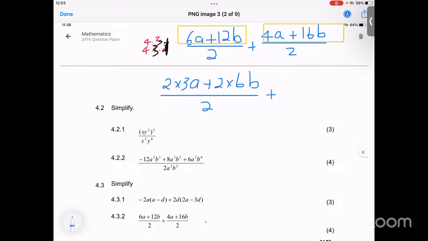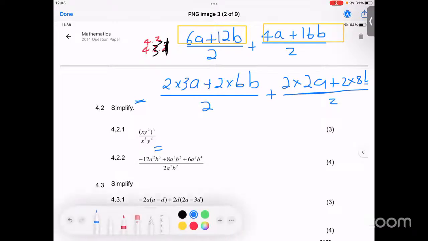And then on this side, you can still say I'm having 2 times 2a plus 2 times 8b, the whole of that being divided by 2. Can you see? So now why not take out the 2 as a common factor? It exists there and there.